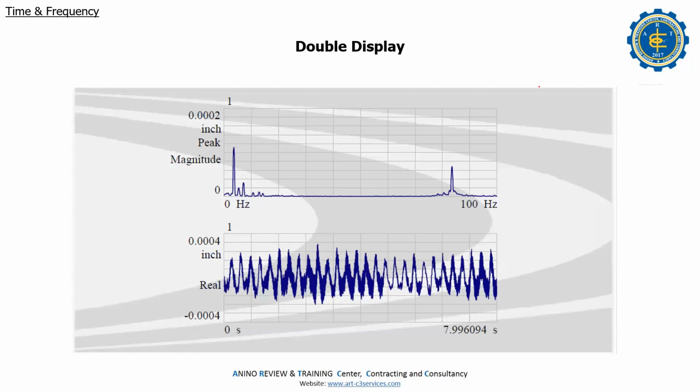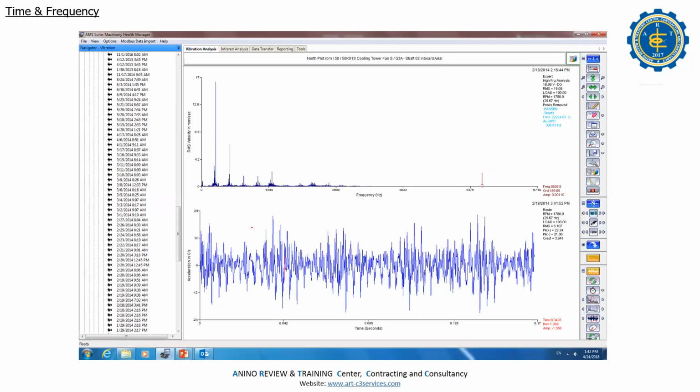So double display, we have the spectrum, the time and the frequency. So this one is the time waveform. You have also this one in ACOM, right?